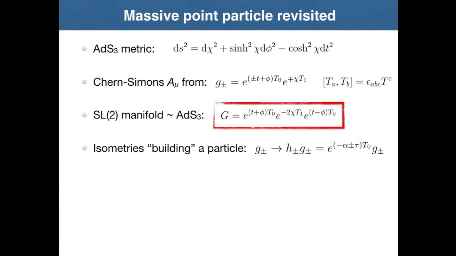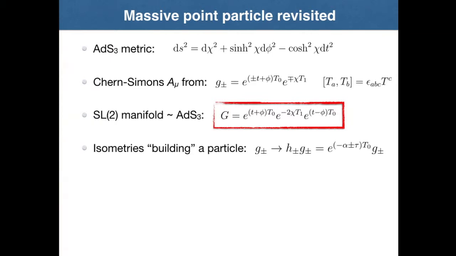Okay, so let's go back, for instance, to the example of a massive point particle that I showed you before. We can consider a global parameterization of the AdS3 metric by introducing this coordinate system, and from this choice of coordinates, you can reconstruct the Chern-Simons connection, and from the Chern-Simons connection, you can reconstruct the group elements. In particular, you obtain that the group elements take this particular form, where T0 and T1 are just some generators of the SL2R algebra in this particular basis.